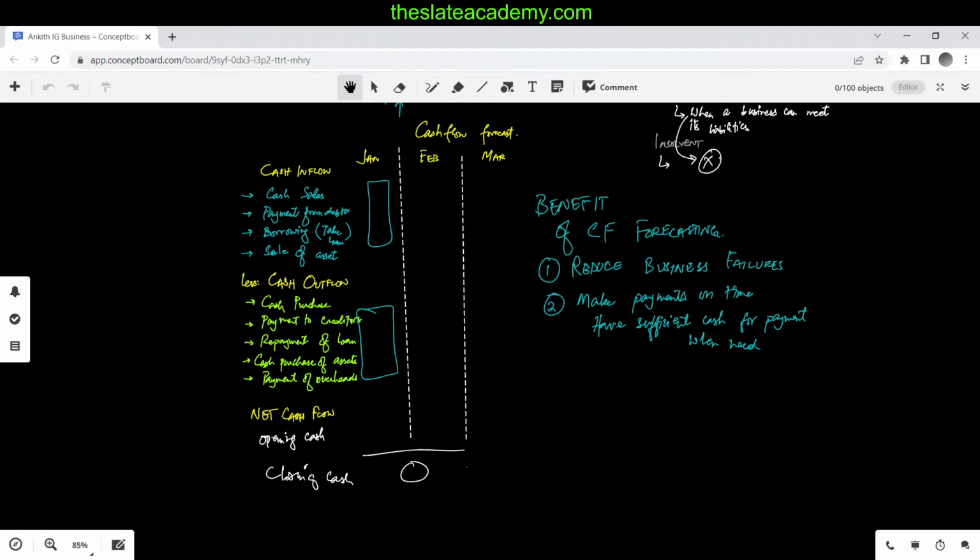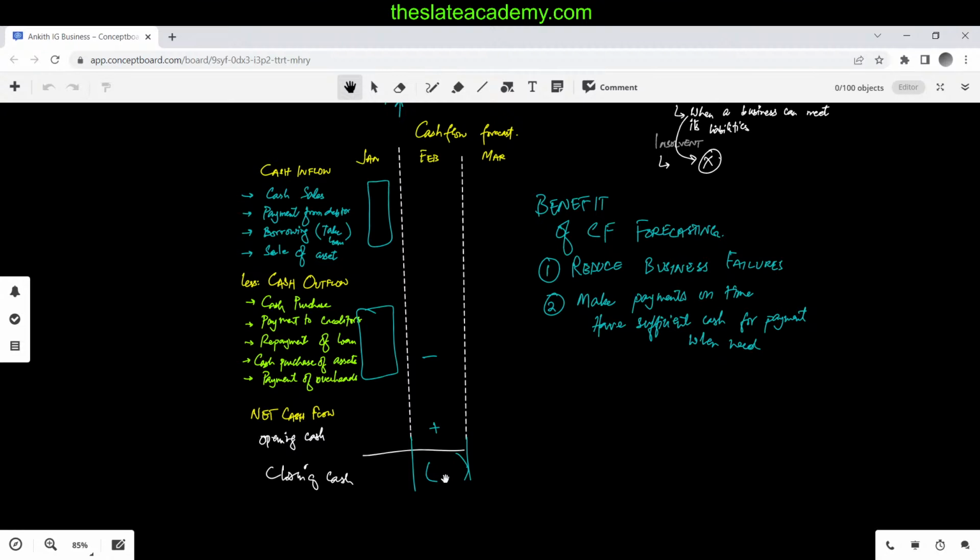You want to make some major payments for purchase of assets. If you put this figure in here and you do the calculation, you add the opening cash, it turns out that the closing cash for the month of Feb, which would be the opening cash for March, is turning out to be a negative figure. It means we are going to spend more than what we have.